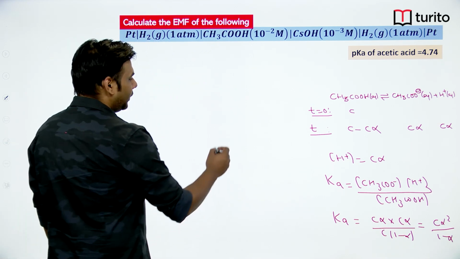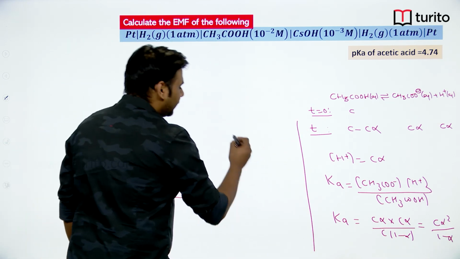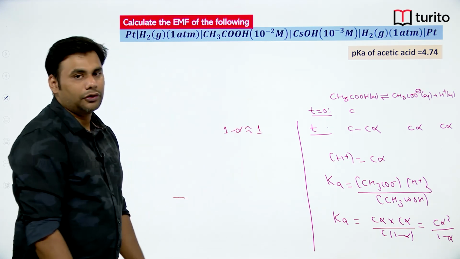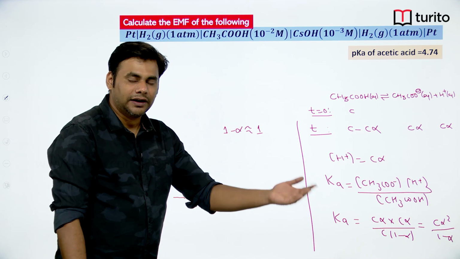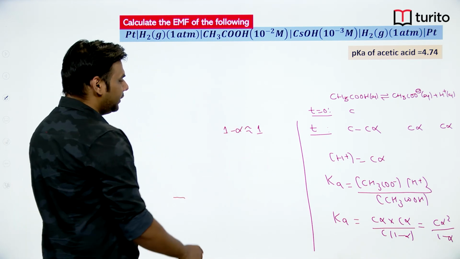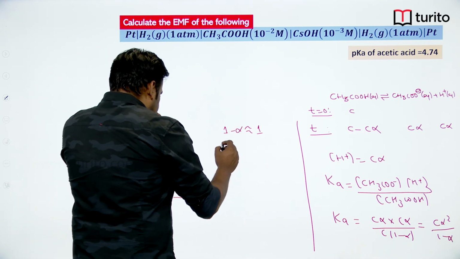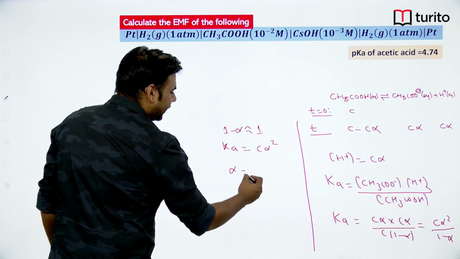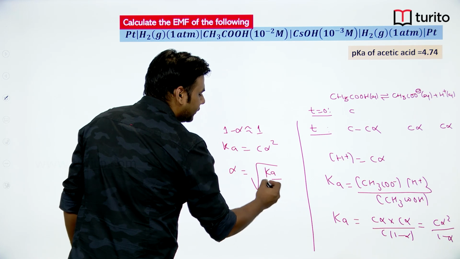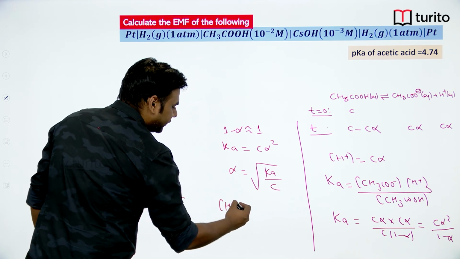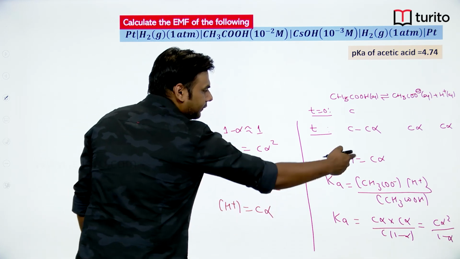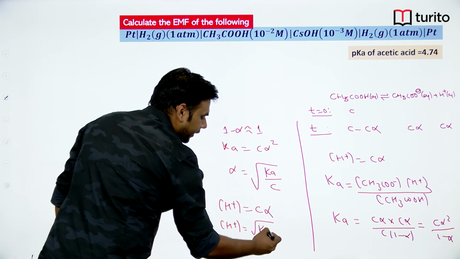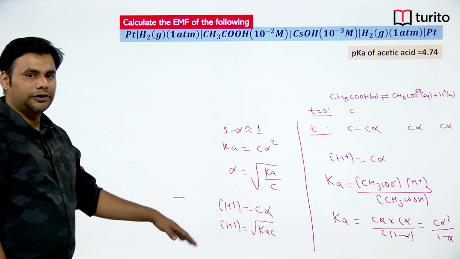Because the acid is weak, 1 minus alpha is approximately equal to 1, because a weak acid dissociates to a less extent, so alpha would be very much less than 1. So the expression would become K equals C alpha square. So alpha I can write as root of K upon C. Now H plus I know is C into alpha, so I will write H plus as root of K into C. Hope this is clear to you.